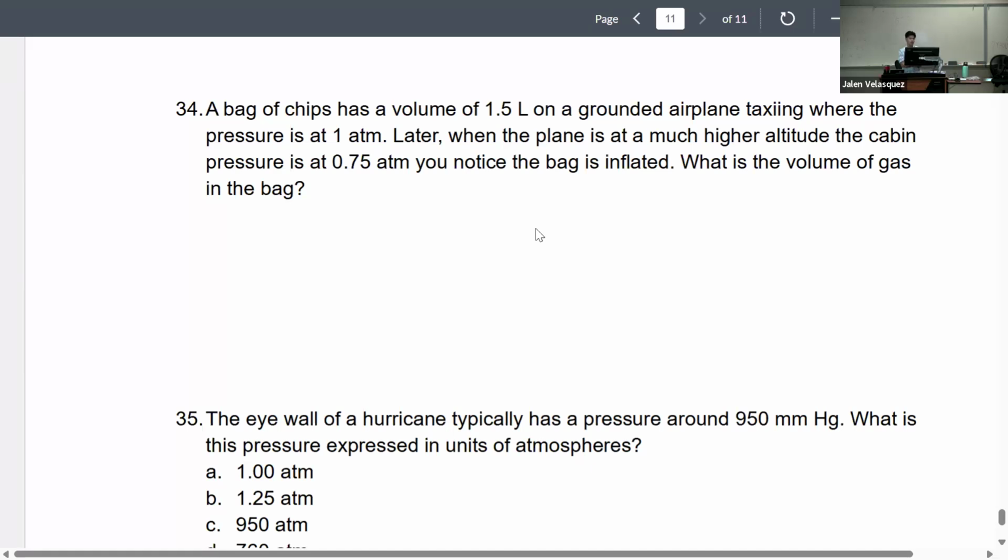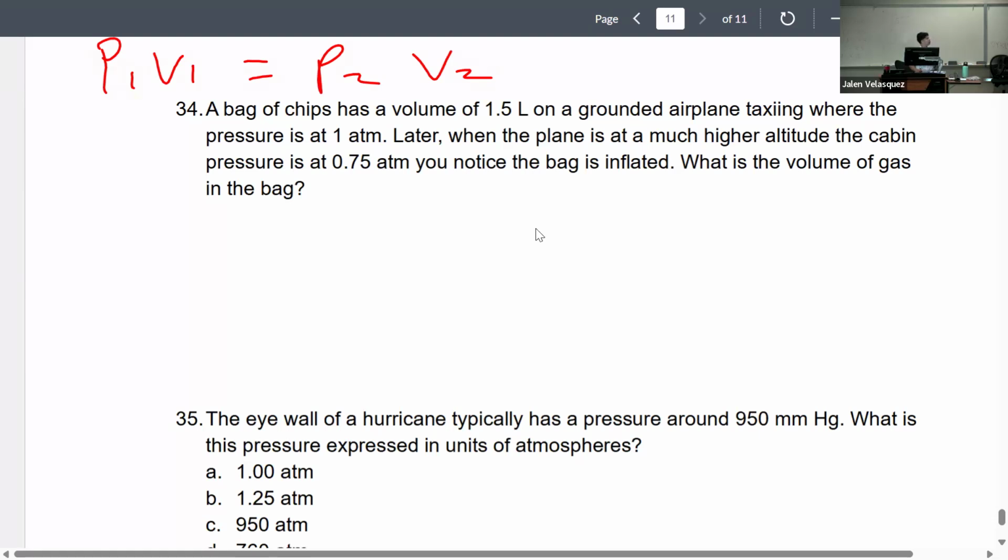You need to look at what information you're being provided with and what you need to solve for, right? From there, you can choose which of the gas laws is appropriate to use. So which gas law would we use here? Boyle's law, right? Boyle's law is P1 times V1 equals P2 times V2.